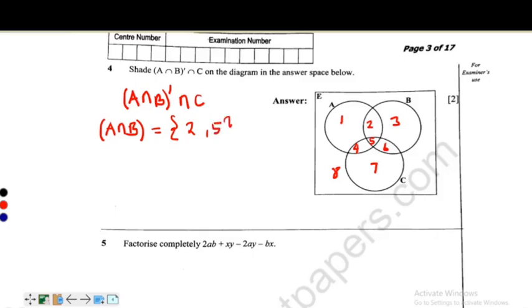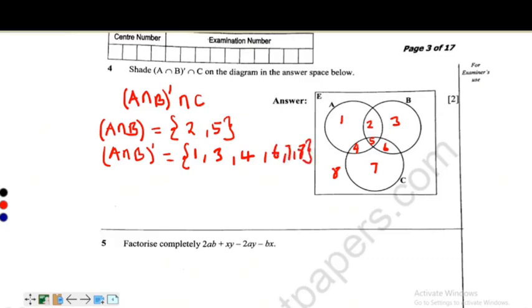Okay. So from there, let us now find A intersection B in brackets complement. Complement simply means that the elements that are in set A intersection B should not be part of the solution set. So when we remove 2 and 5, the remaining elements are our answer: 1, 3, 4, 6, 7, and 8.